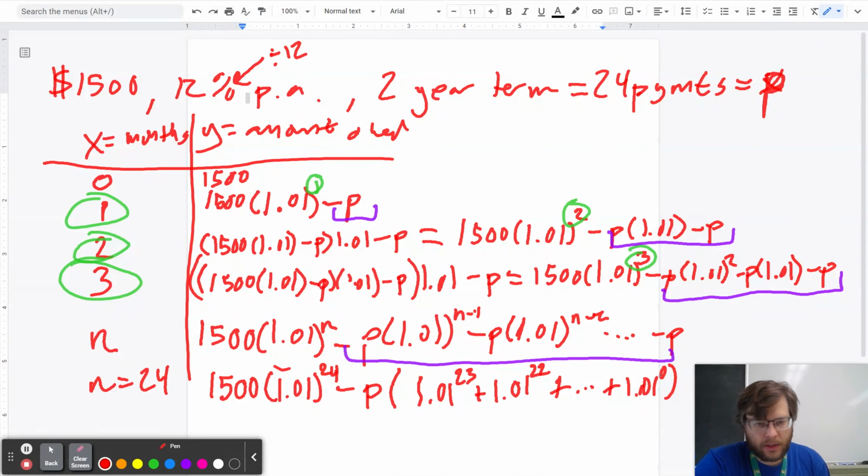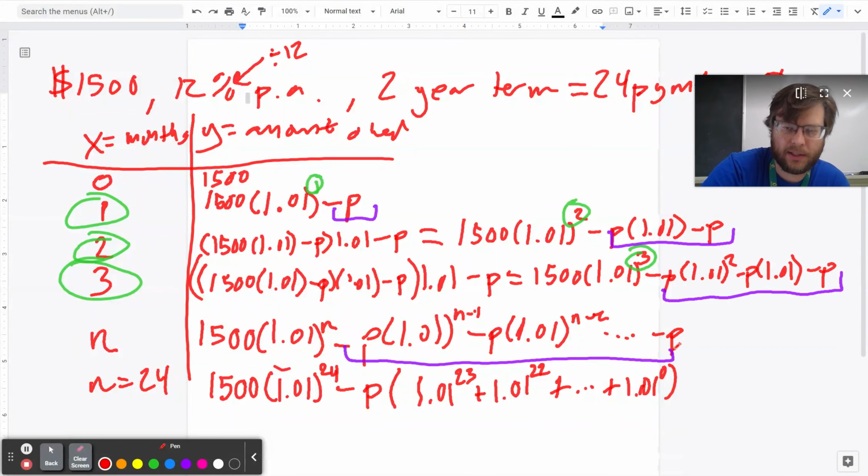We know that this needs to equal 0 because you're supposed to pay it off at the end. So let's set this all equal to 0.